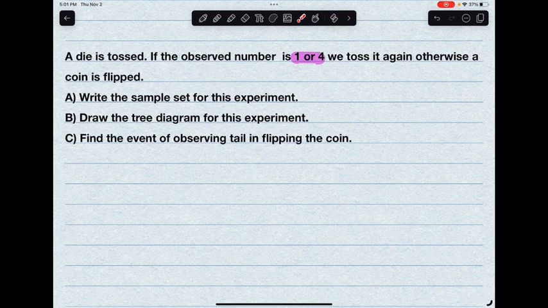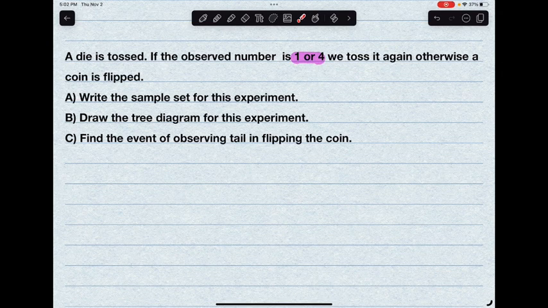When we toss a die, we have 6 outcomes, the numbers 1 to 6, and depending on the result of the first action, tossing the die, we're going to have a second event. If the number on the first die is 1 or 4, then we toss the die again. Otherwise, we flip a coin.